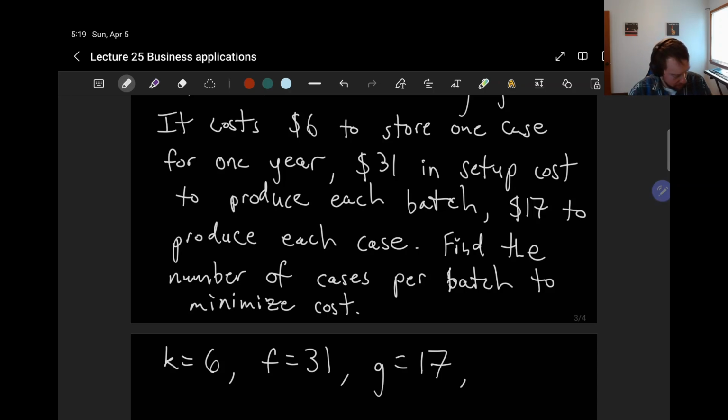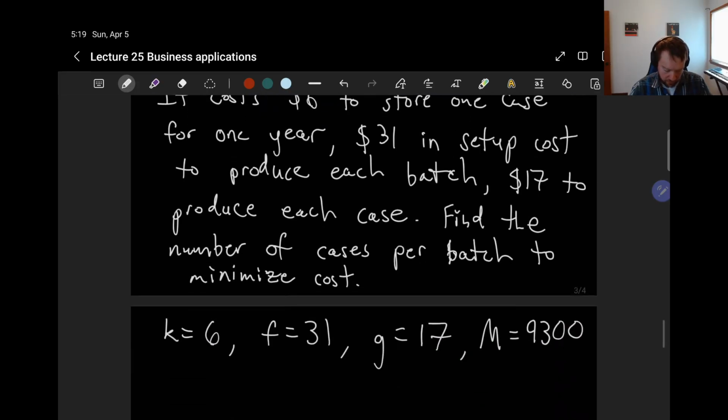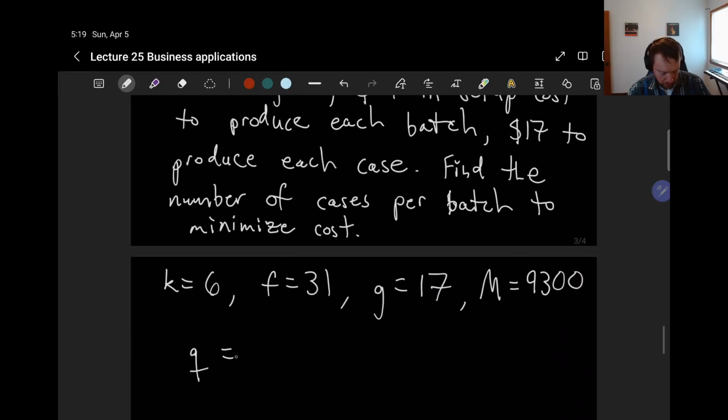Finding Q. And that last variable, besides Q, is capital M. That was the total number of, in this case, cases of honey that we produce in a year, which was one of the first things I said. So then Q, we just follow the formula.